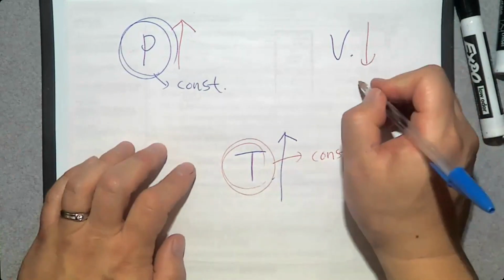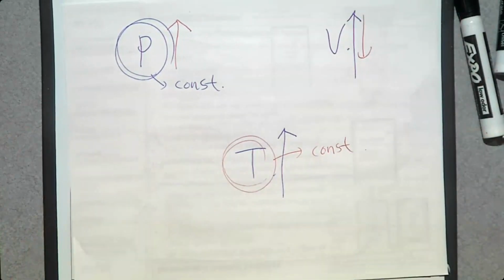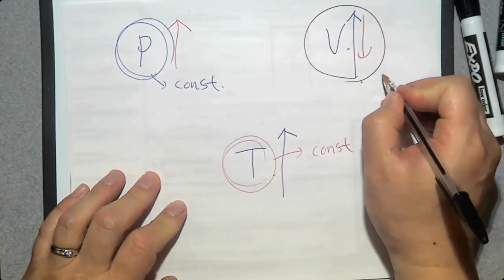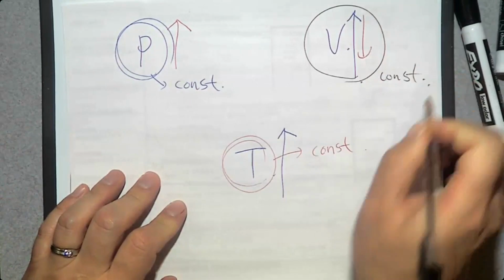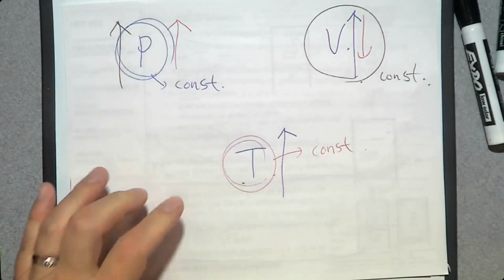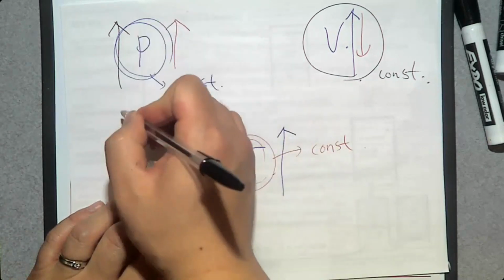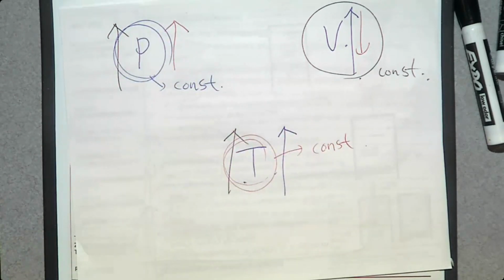Increases. If you decrease temperature, volume decreases, right? Finally, I'm going to assume the constant volume process. When pressure goes up, what happens to the temperature? It goes up. When you decrease pressure, temperature goes down.